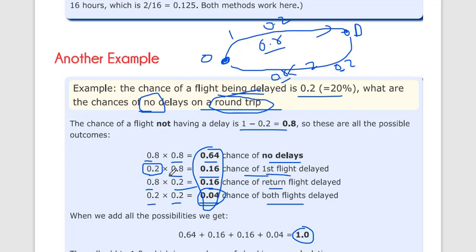If the first flight is delayed it's 16%, and the return flight delayed is also 16%. Both flights delayed is 0.04, 0.2 times 0.2, since the chance of delay is 0.2. And if we add all the outcomes, it always comes to 1.